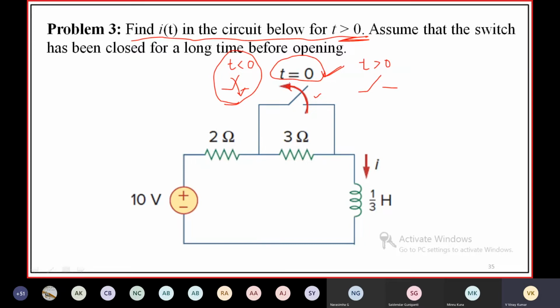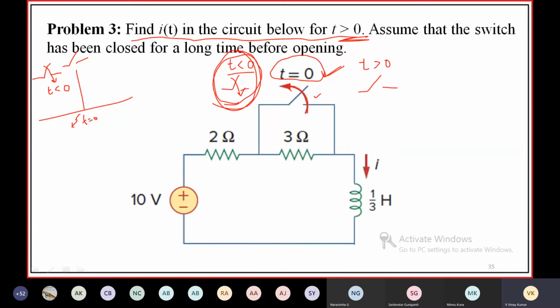Opening the switch at t equals 0 means the switch has already been closed for a long time. Meaning for t less than 0, the switch has been closed.